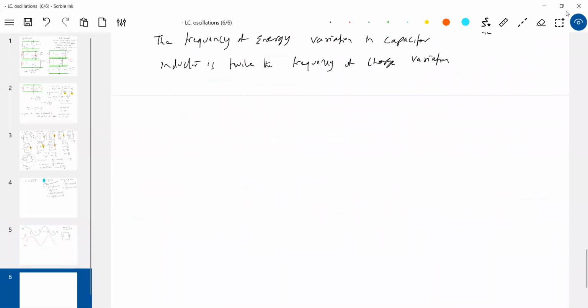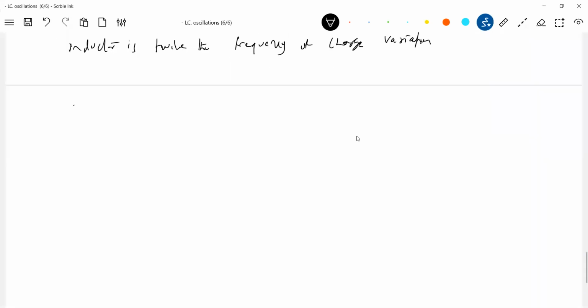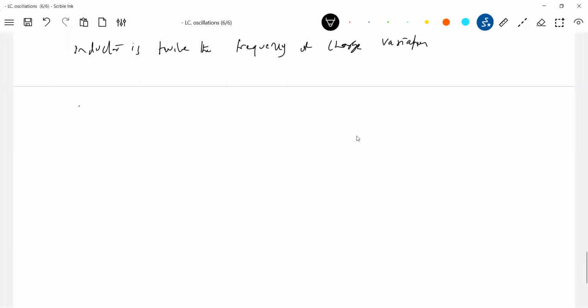So let's try to calculate here. What is the equation mathematically? UL is equal to UC. Any graph, please do remember graphs. Any graphical questions can also be asked. So let's go for UL equal to UC. This should be Li square by 2 equal to Q square by 2C. What is I equal to?